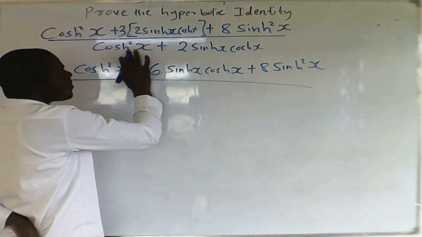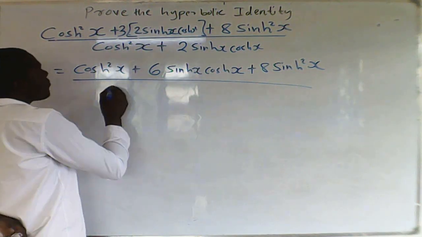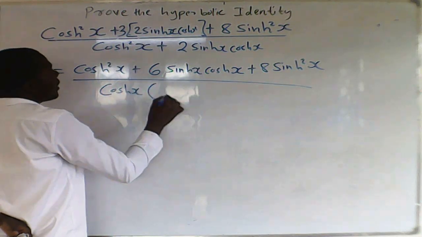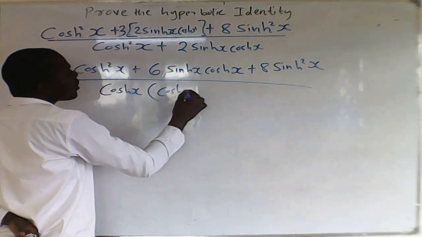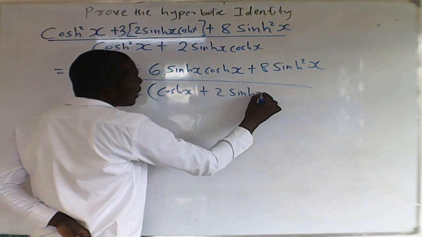You can see cos x is a common factor, so if you factorize out cos x, you remain with cos x plus 2 sinh x.